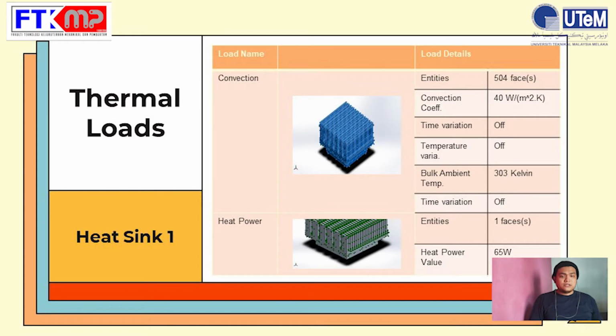Next, I will cover the thermal load for heatsink 1. The thermal load is divided into two types, which are convection and heat power. The convection load is applied to 504 faces of entities, which is like the whole drawing, and the convection coefficient is 40 watt, the time and temperature variation is off, and the bulk ambient temperature is 303 Kelvin.